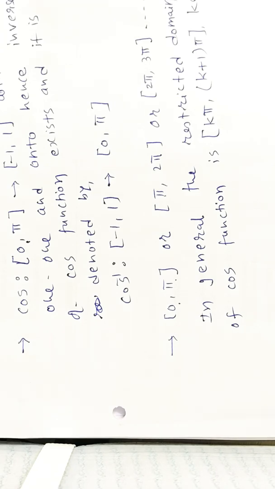In all intervals, cos function becomes one-one and onto. But 0 to pi is the principal value of cos inverse x, and its graph is called the principal value branch of cos inverse x.